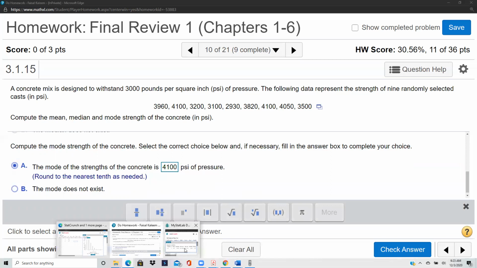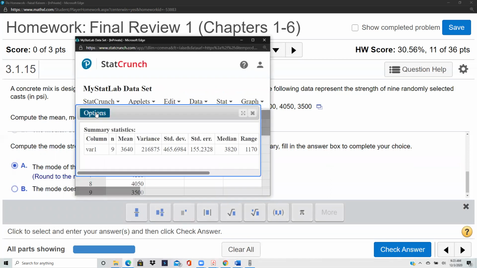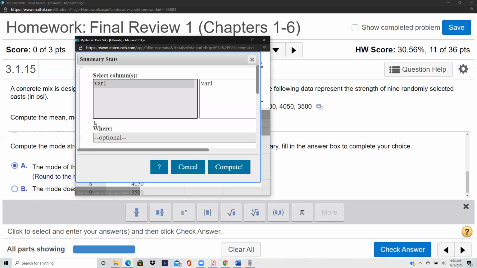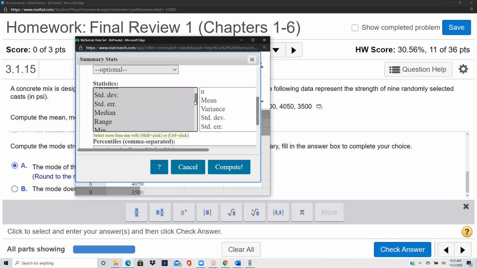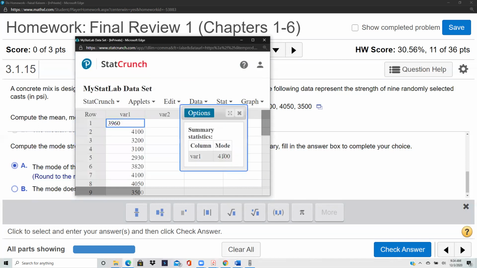So then what you would do is go back to this window, options, edit. And you know that there are lots of other options here also, and mode is one of them. Yeah, it's at the very bottom. And then it gives you the same thing, 4100. And if the mode doesn't exist, then it will tell you that it doesn't exist when you try to get the mode. Okay. I didn't know that.